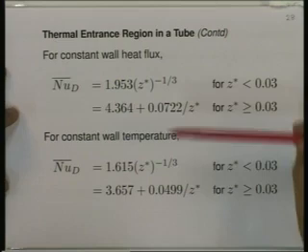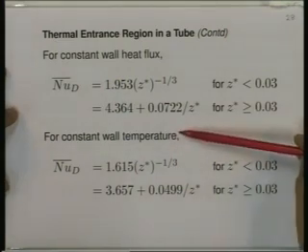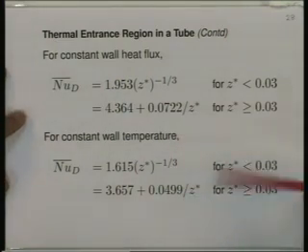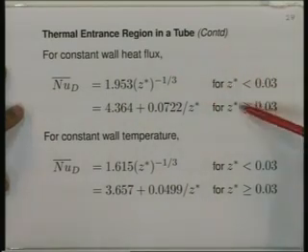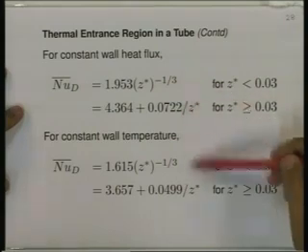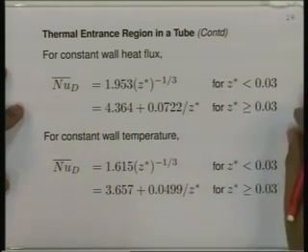Let us look at the solutions which can be put in terms of these correlations. We have correlations for the constant wall heat flux case, and then we have correlations for the constant wall temperature case. There are two zones of Z where we have two different forms of the correlation.